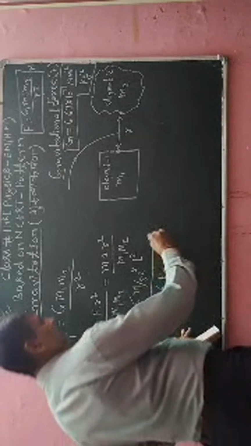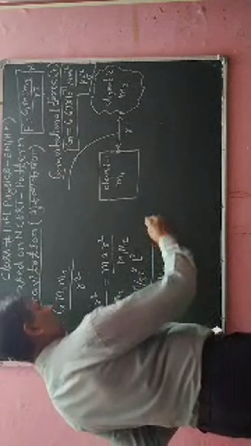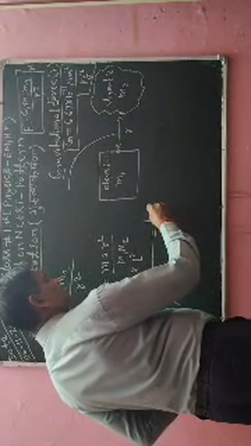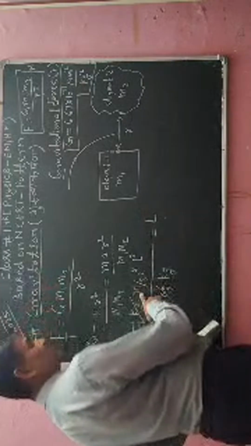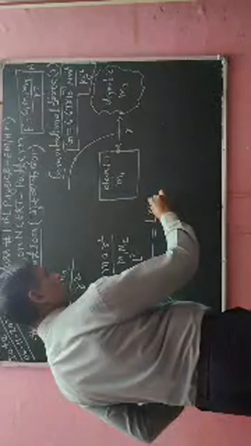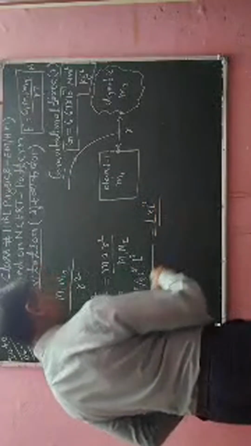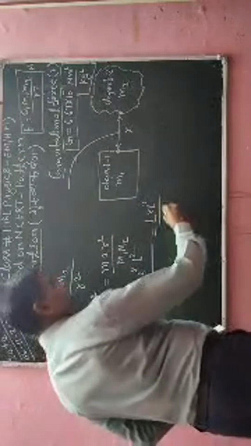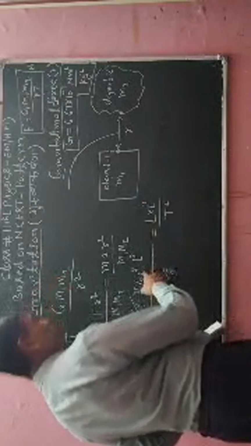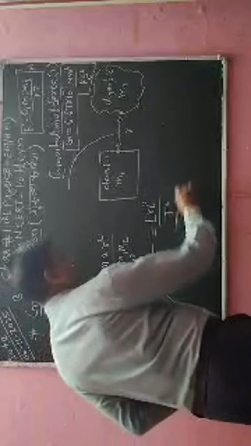So here I will write, this is a mass, and it has measurement in length. So in the place of m I will write L, and here L into L square divided by second square, and the dimension of second is T. So here, since square is available, I will put T².